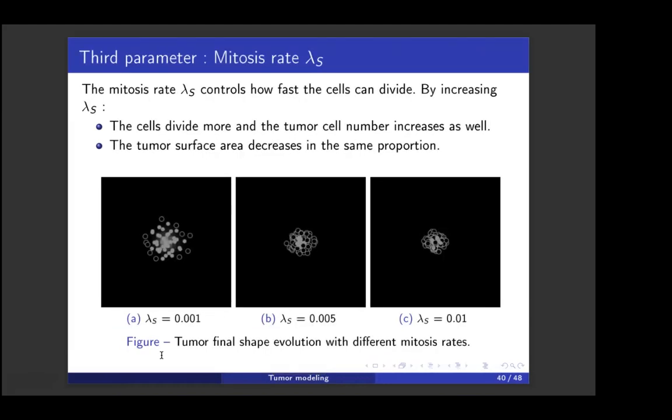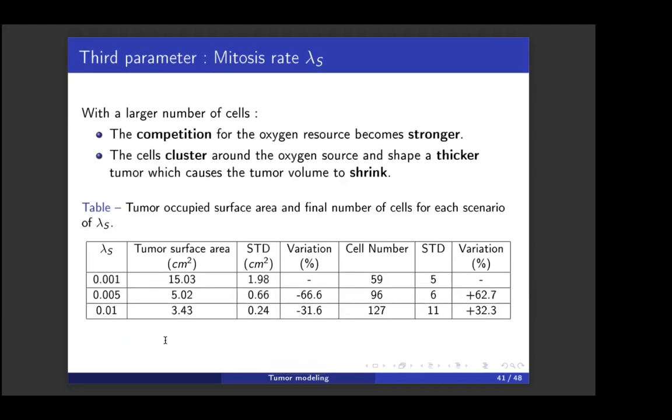The third parameter is the mitosis rate, which controls how fast the cell can divide. The cells divide more and the tumor cell number increases with lambda S, and the tumor surface area decreases in the same proportion. With a large number of cells, the competition for the oxygen source becomes stronger.